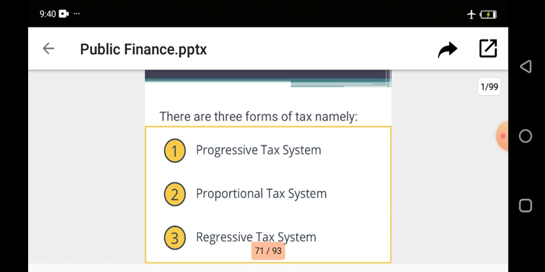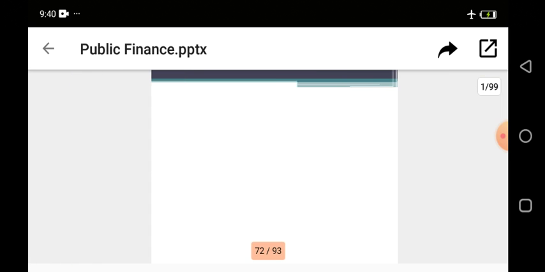We have the progressive tax system, the proportional tax system, and the regressive tax system. So these are the forms of tax we'll be looking at today. We'll be starting with the first one, which is the progressive tax system.